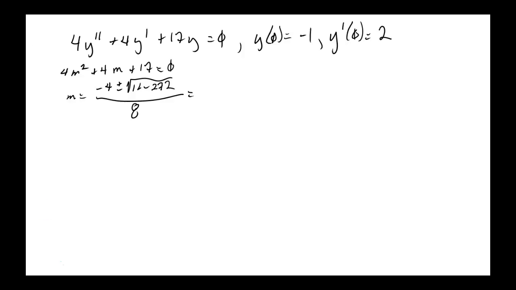So this is minus 4 over 8, plus or minus the square root of negative 16, which is 16i. 16 over 8i, so that would be 2i.